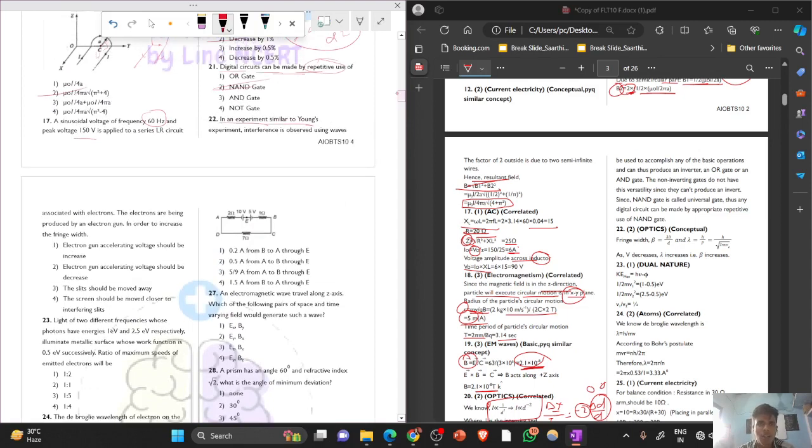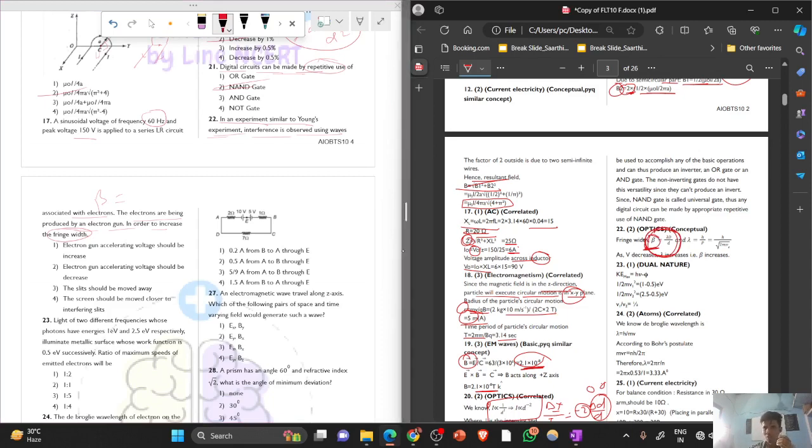In Young's experiment, interference is observed using the wave associated with electrons. The electrons are being produced by an electron gun. In order to increase the fringe width, you know the formula of beta, that's lambda d by d. So to increase the fringe width, you need to increase lambda. It is asking about the oscillating voltage.